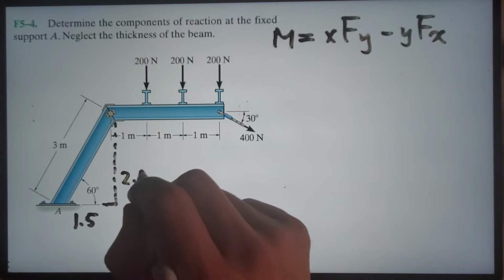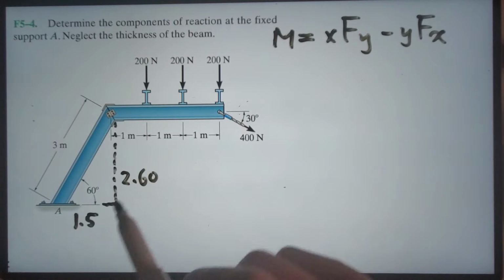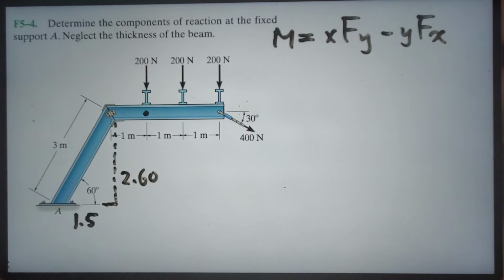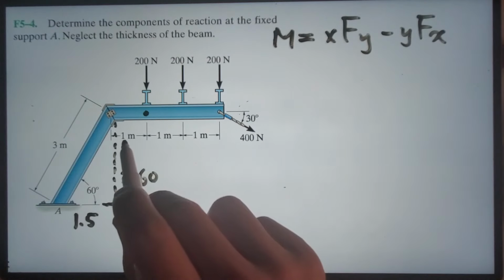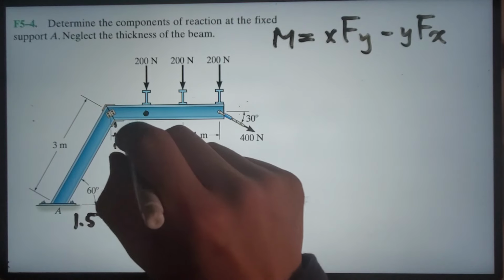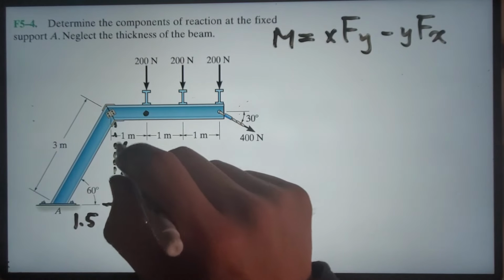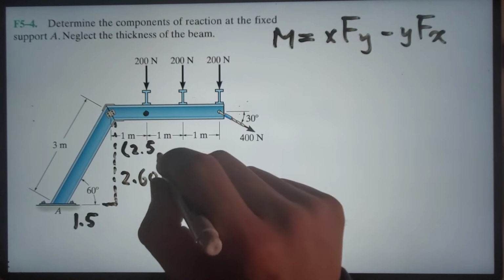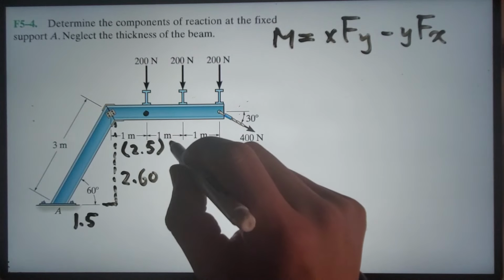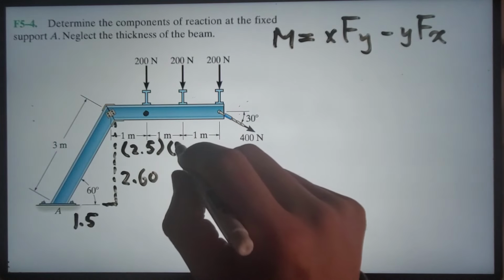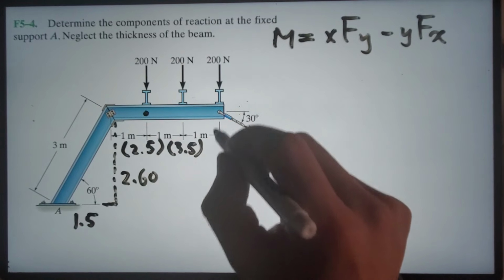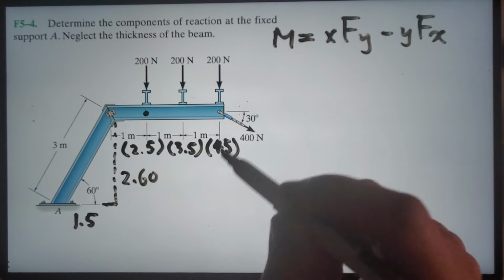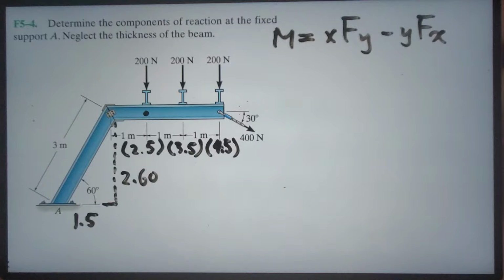So let's look at all this. What are the X and Y components, the coordinates? Over here, 1 meter, so X will be 1 plus 1.5 is 2.5. The height will be 2.6. For this one, only the X changes, add another meter, so it is 3.5. Over here, it is 4.5, and the Y value is 2.6.